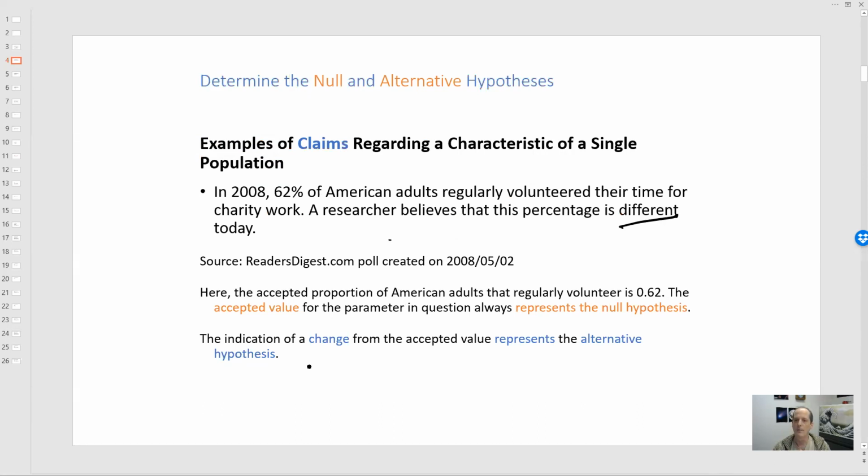Okay, so let's go ahead and put down H naught is going to be that. Now the parameter in question is a percentage of the population, so this is proportion. So P. So H naught is the status quo that we're testing against, was the 62%.